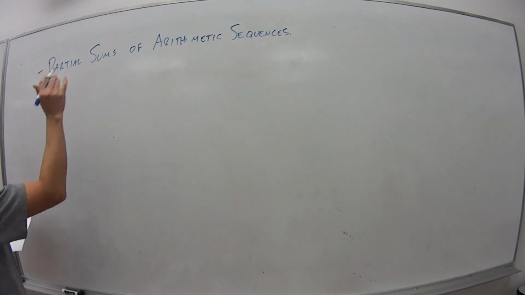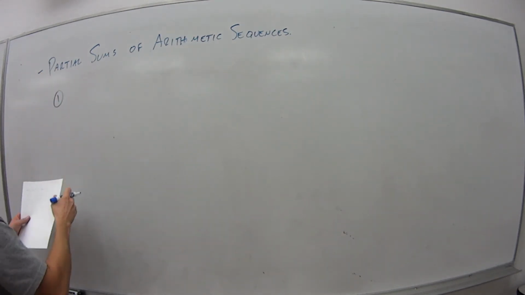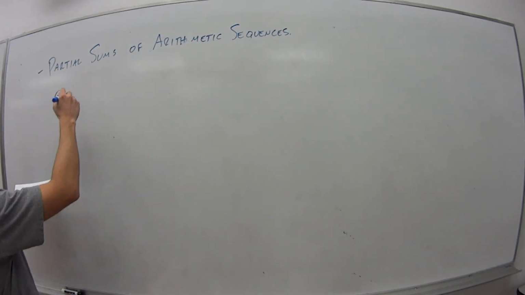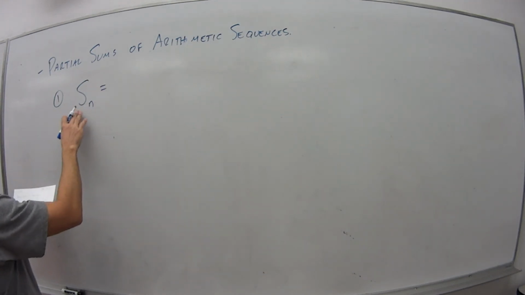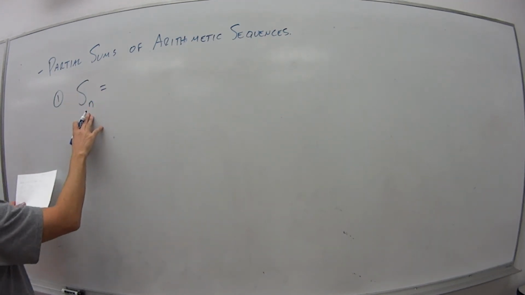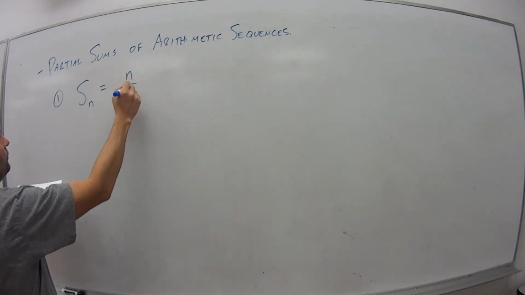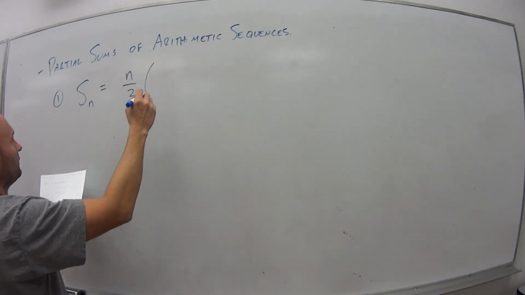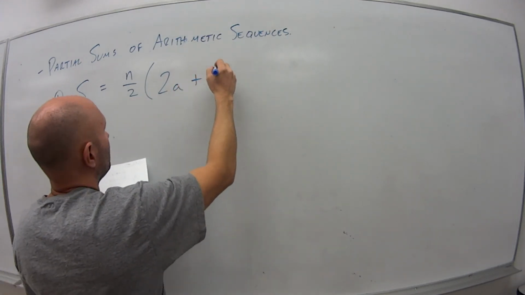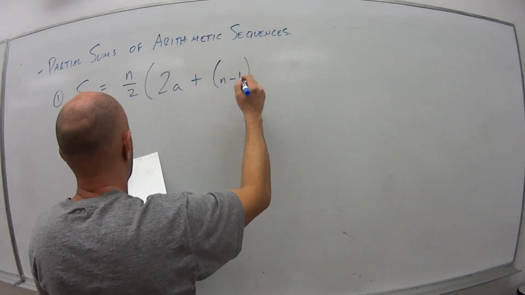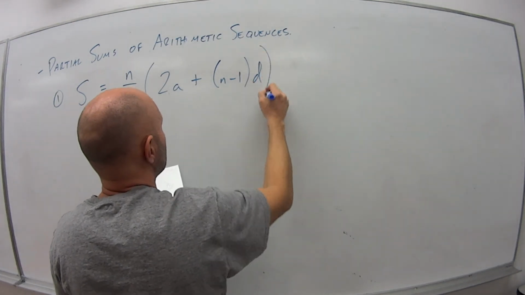So we have 2 formulas that give us the same answer depending on what information we have. So we have S of n, so the sum of the however many terms is equal to n over 2 times 2a plus n minus 1 times d.